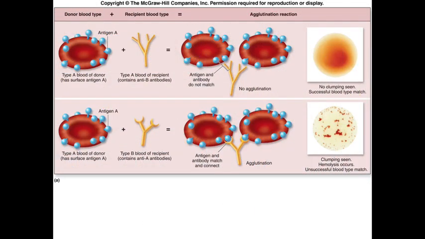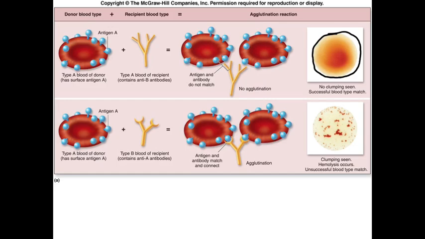Now, how is blood typing going to be measured? What one does is we take some blood. So on this piece of cardboard, there's a smear of blood, and added to the blood are some antibodies. Now, these antibodies are something that you can commercially purchase.